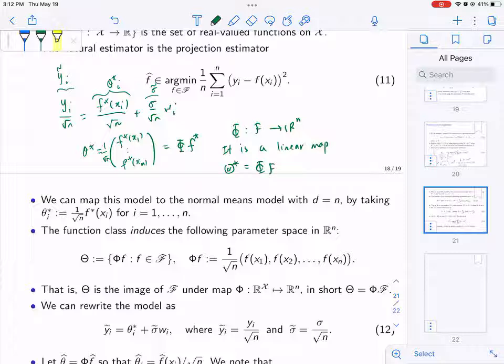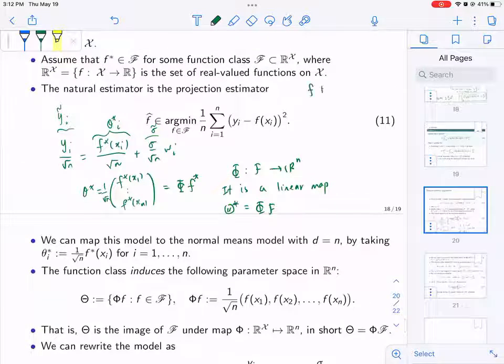Yeah. So it's like an evaluation map. Yes, exactly. So you can think of it as an evaluation. Individually, these are evaluation functionals. Like if you've seen RKHSs, f maps to f of, let's say, x1. This is a linear functional called an evaluation functional.